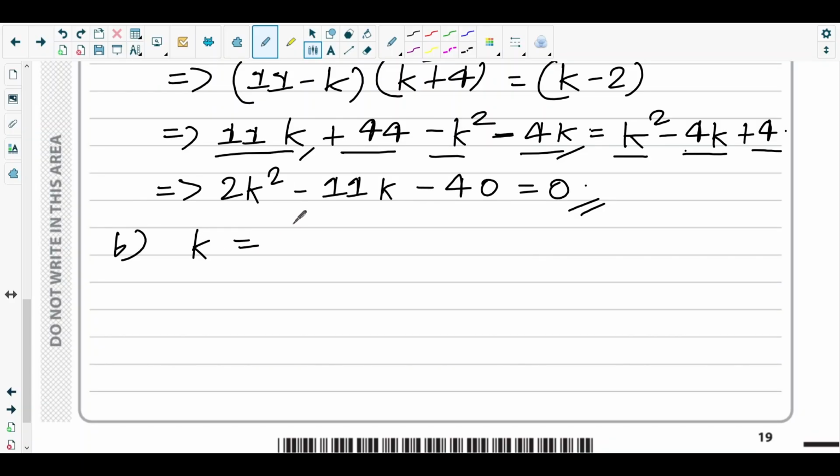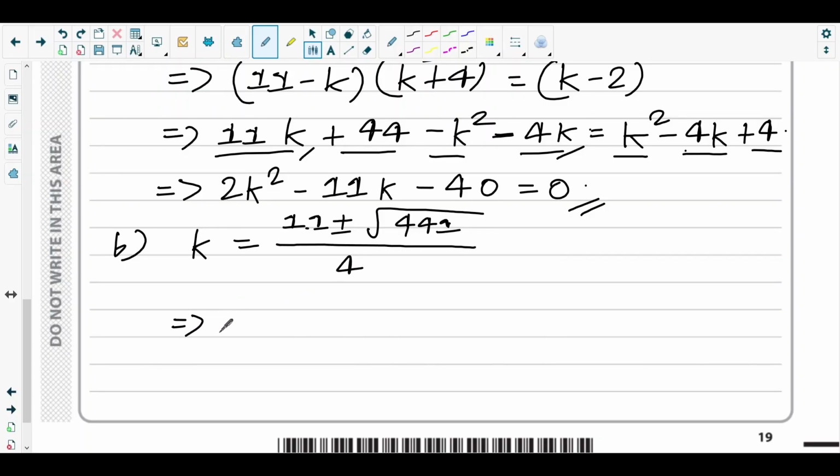So k equals minus b plus minus the square root of b squared minus 4ac. So b squared is negative 11 squared, which is 121, minus 4 times 2 times negative 40. That gives you 441. So the square root of 441, over twice a, which is 4.